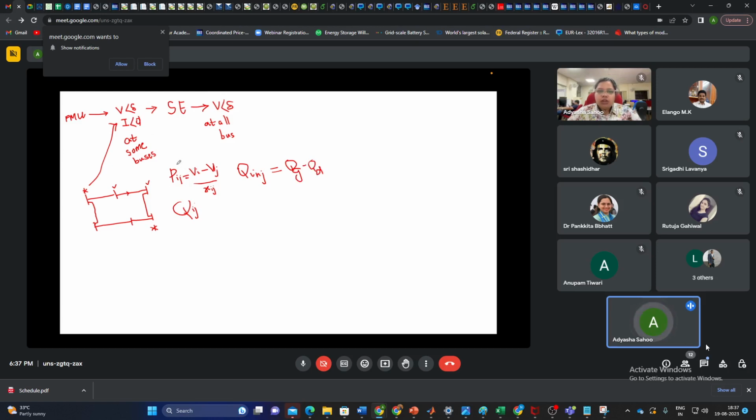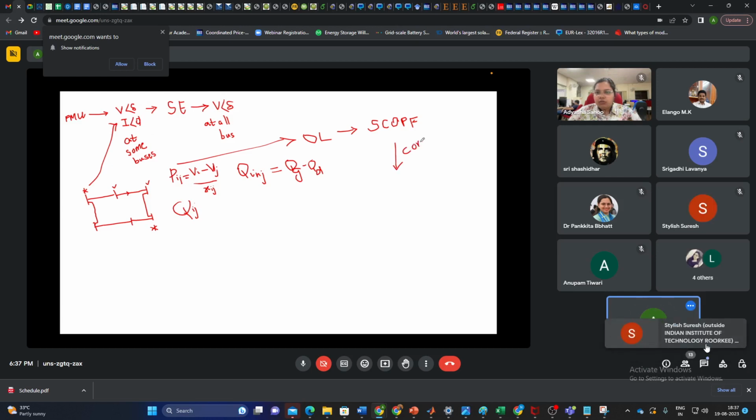Basically, let's say I calculated this P and I found out that this line is overloaded. So then I will forward it to our algorithm called security constraint optimal power flow, and it will give me the corrective actions so that we can relieve the congestion of the line. So basically these kind of studies will be taken.